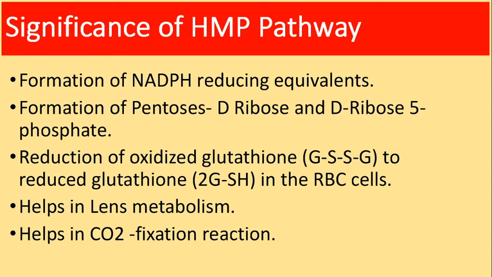Significance of this HMP pathway. So the main significance is to produce NADPH reducing equivalent, and it is required for the formation of pentose sugars, ribose and ribose 5-phosphates. It is very much required for the reduction of oxidized glutathione into reduced glutathione in the RBC cells, and the HMP pathway helps in the lens metabolism as well as it helps in the CO2 fixation reaction.